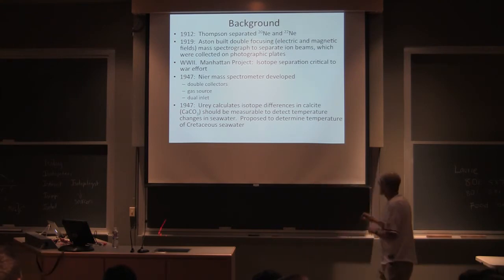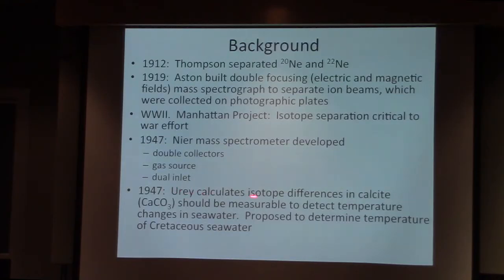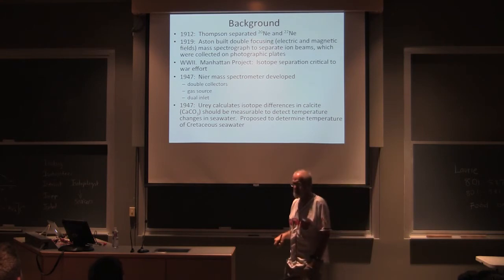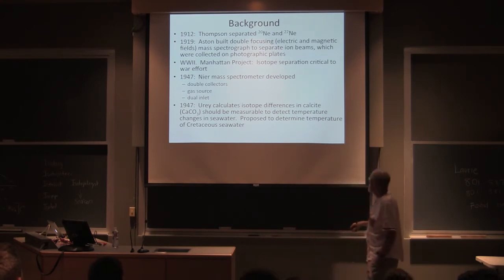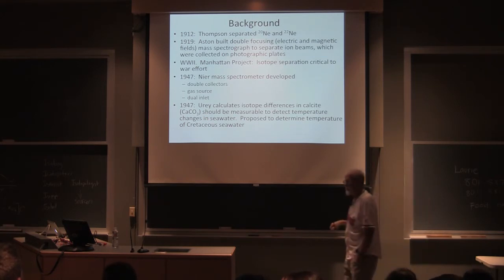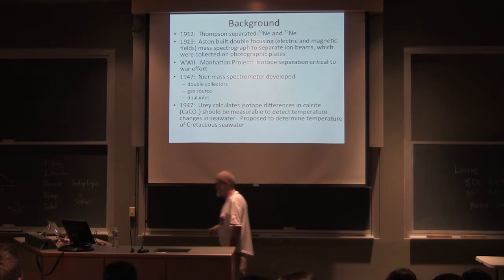And at the same time, Harold Urey calculated that isotope differences in the mineral calcite should be temperature dependent if you could use Nier's mass spectrometer. Okay? And he proposed that you could measure the temperature of Cretaceous seawater. Okay? So this is back in 1947.